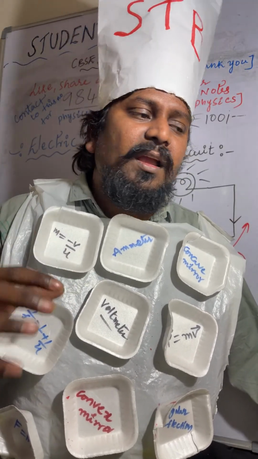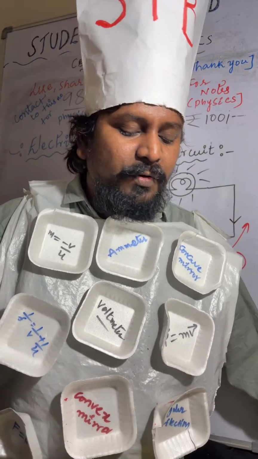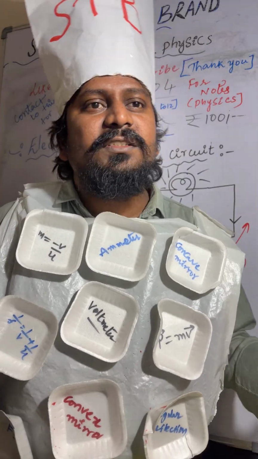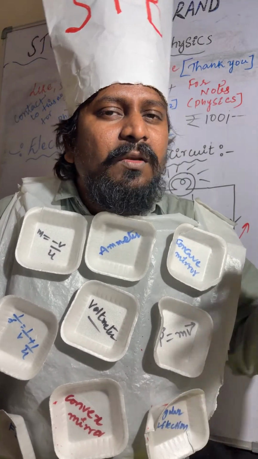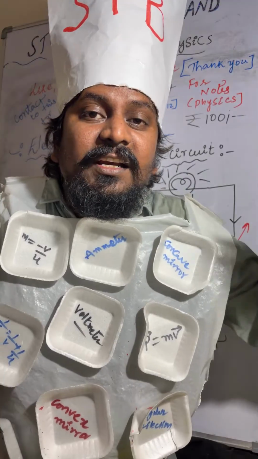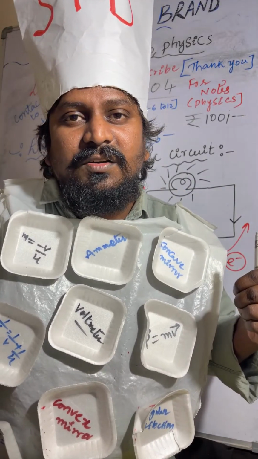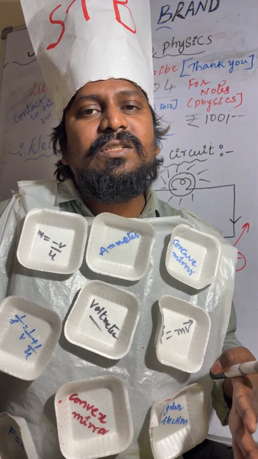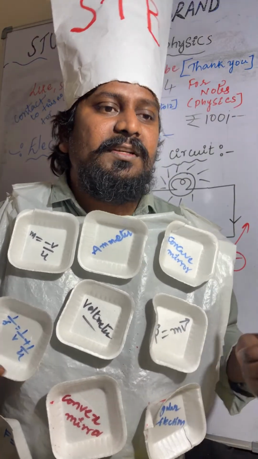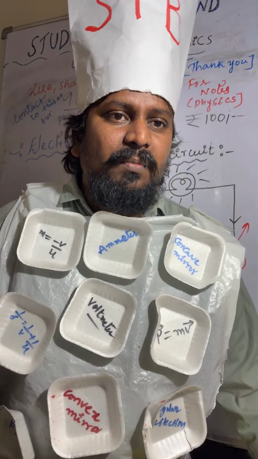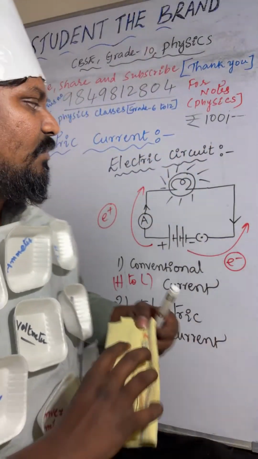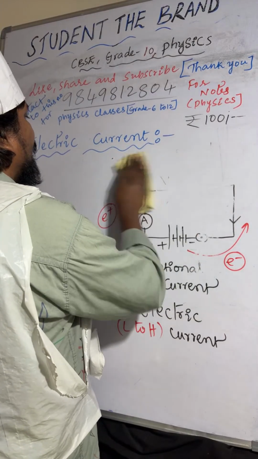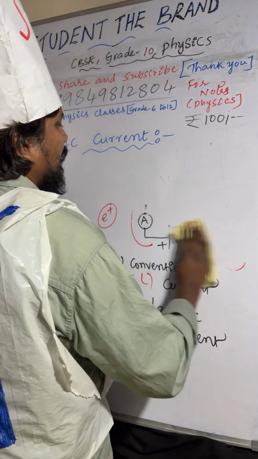Electrical potential is the work done to bring a unit positive charge from infinity to the required field.